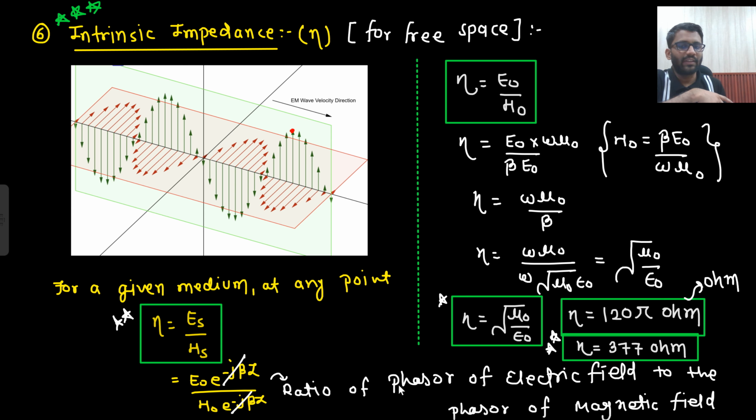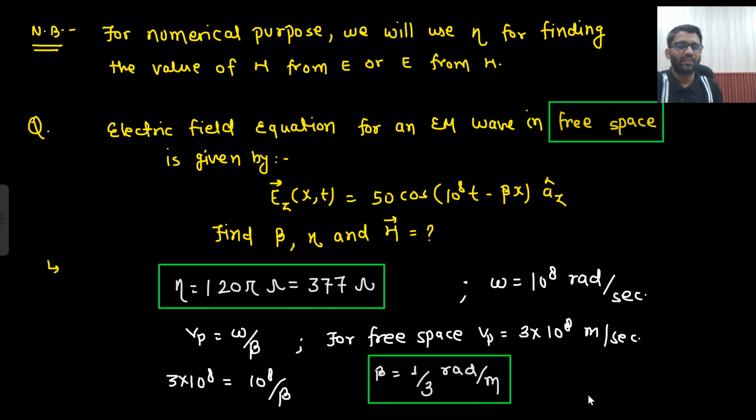If both are in the same phase, then the ratio equals their magnitudes only. From there we got the expression eta equals under root mu naught by epsilon naught. You need to keep this in mind, because in the lossless dielectric we are going to change it. So eta equals 120 pi, or 377, which is constant for your free space.